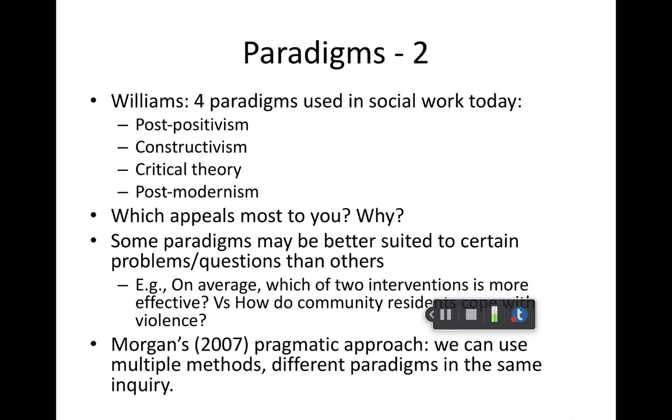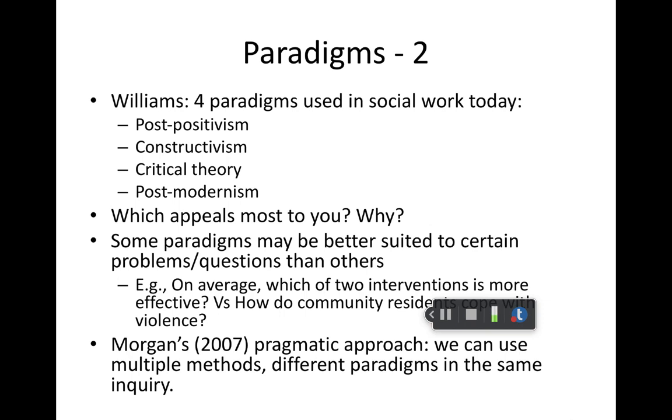There's also constructivism, which is a more organic look at how meaning is created among social groups of people. There's critical theory, which focuses on issues of politics and power, and postmodernism, which focuses on subjective and local knowledge. So take a good look at the chart in the Williams article on the top of page 216.